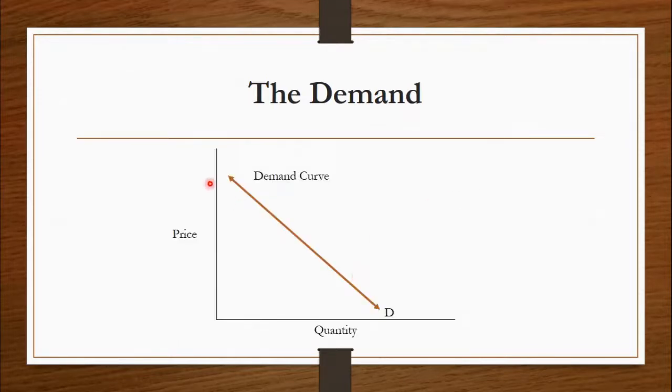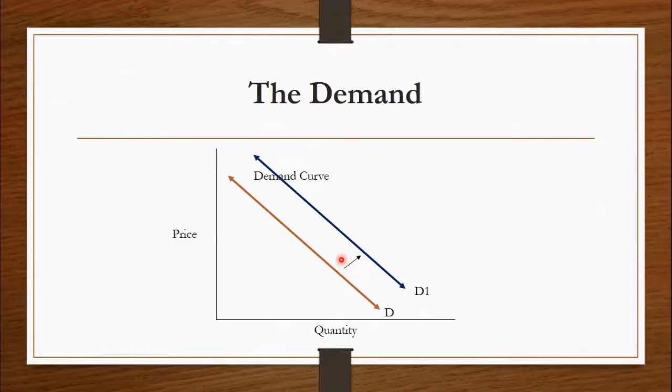So this is the graph of your demand curve. So it is going down because as mentioned, as your price increases, your quantity decreases. So as your price decreases, di ba imong quantity is nagka-taas po siya. So mao ni siya ang imong demand curve.